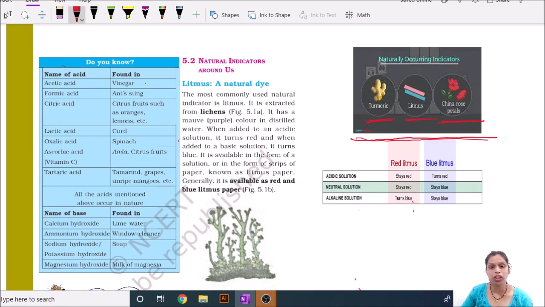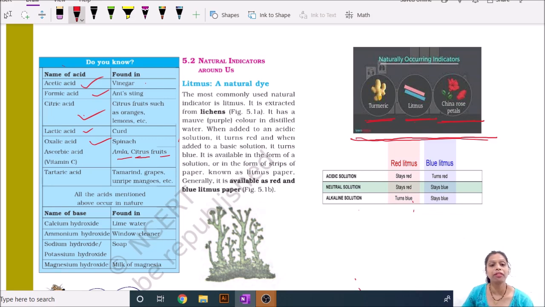Vinegar contains acetic acid, whereas an ant sting has formic acid, and citrus fruits such as orange and lemon have citric acid, whereas curd contains lactic acid, and spinach has oxalic acid, and amla contains ascorbic acid, whereas tamarind, grapes and unripe mango have tartaric acid.